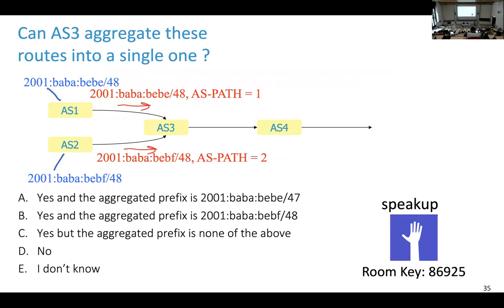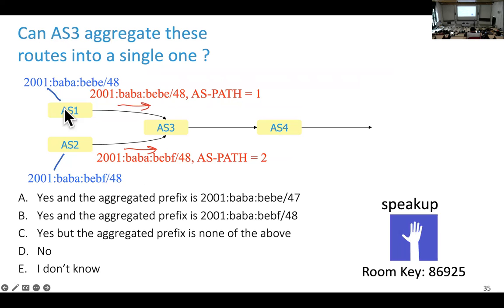Well, let's see what aggregation means and how it could help us in a specific example. Here I'm showing 4 ASs, AS1, 2, 3, and 4. AS1 is attached to a network prefix 2001 BGPBegin. AS2 is connected to another network prefix 2001 BGPF.